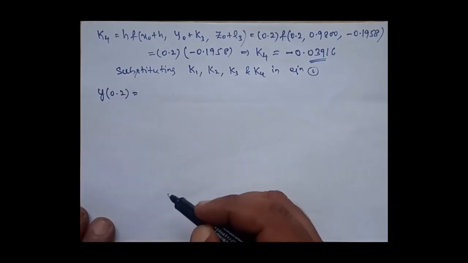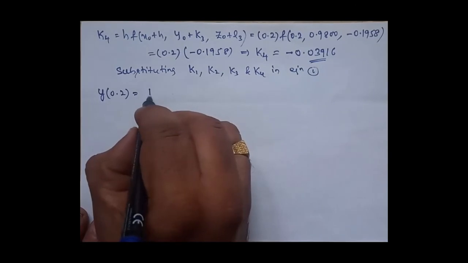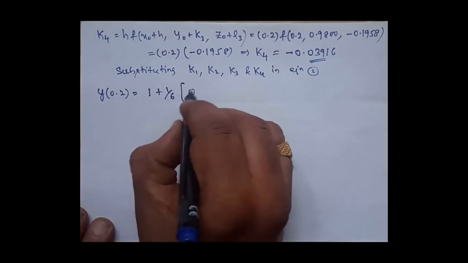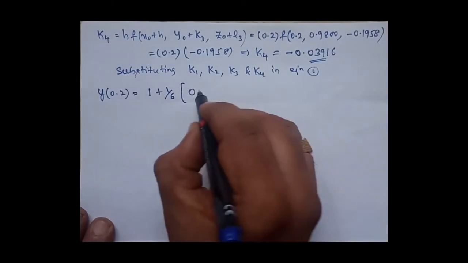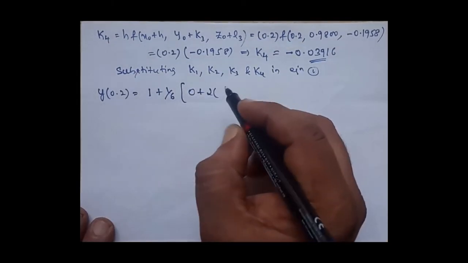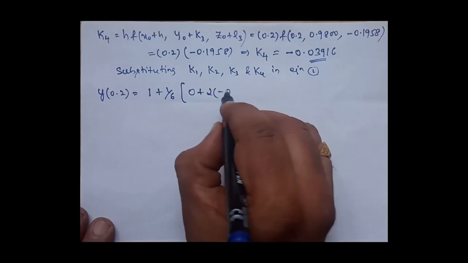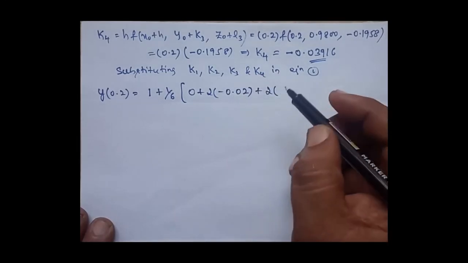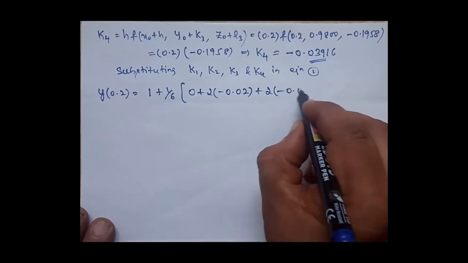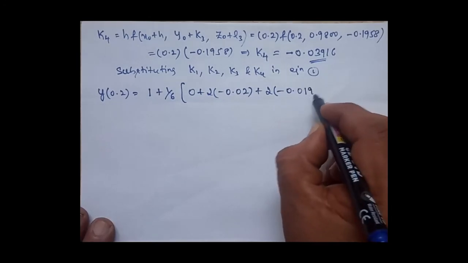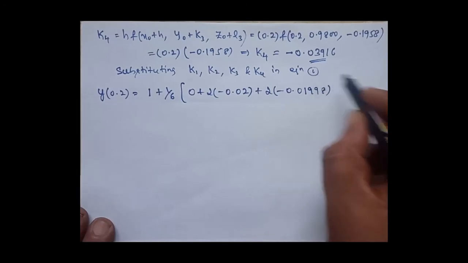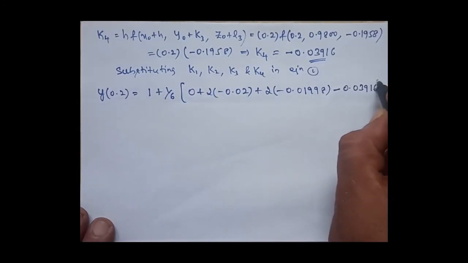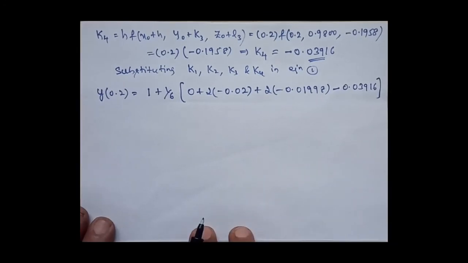Y of 0.2 equals y naught, which is 1, plus 1 by 6 into first K1, which is 0, plus 2 into K2, so K2 is minus 0.02, plus 2 into K3, minus 0.01998, plus K4, which is minus 0.03916.